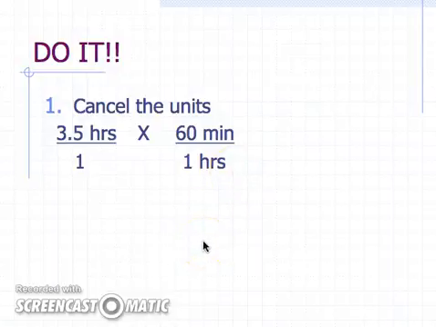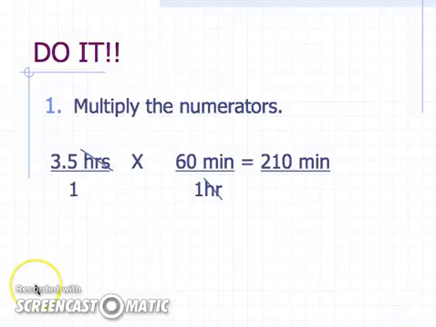We can see here at this point, we need to cancel our units. If we've got hours divided by hours, they cancel each other. And once those units cancel, we're going to multiply the numerators. So if we take 3.5 times 60, we can even do this math in our heads. If we take 3 times 60, we get 180, and then half of 60 is 30.